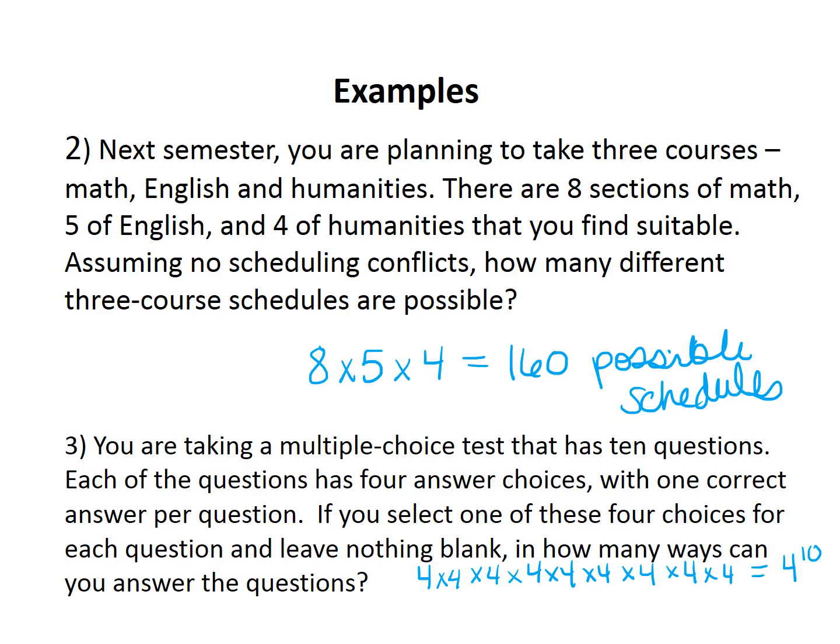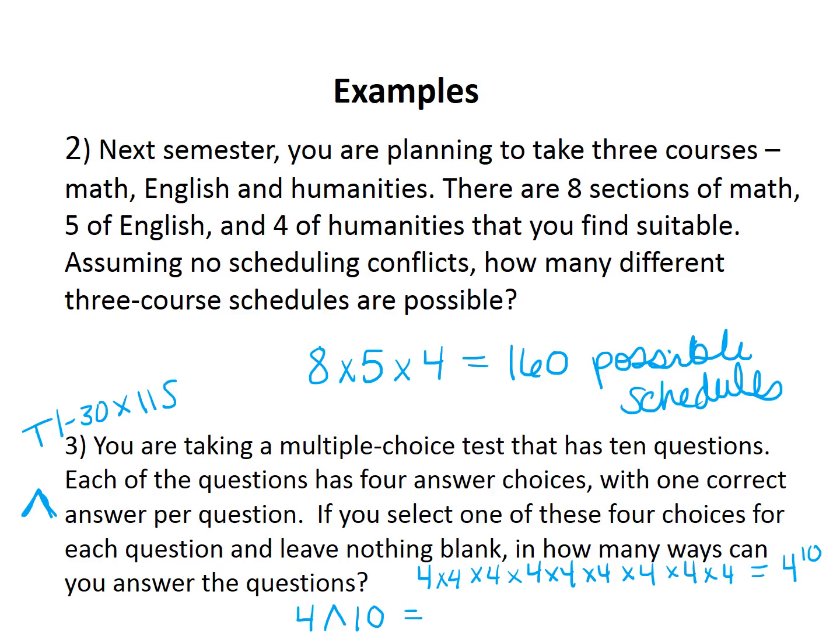You can certainly multiply 4 together 10 times and get an answer, but let's try to locate the exponent button on the calculator. If you have the calculator that I've recommended on the syllabus, the TI-30X IIS, you will see that it is the 5th button down in the left column. So if you want 4 to the 10th, you do 4 to the 10th and then press enter.